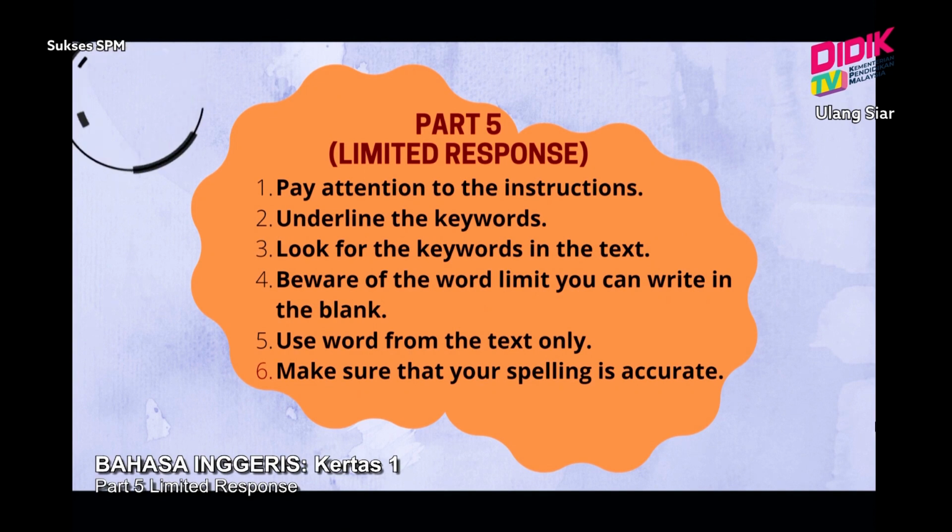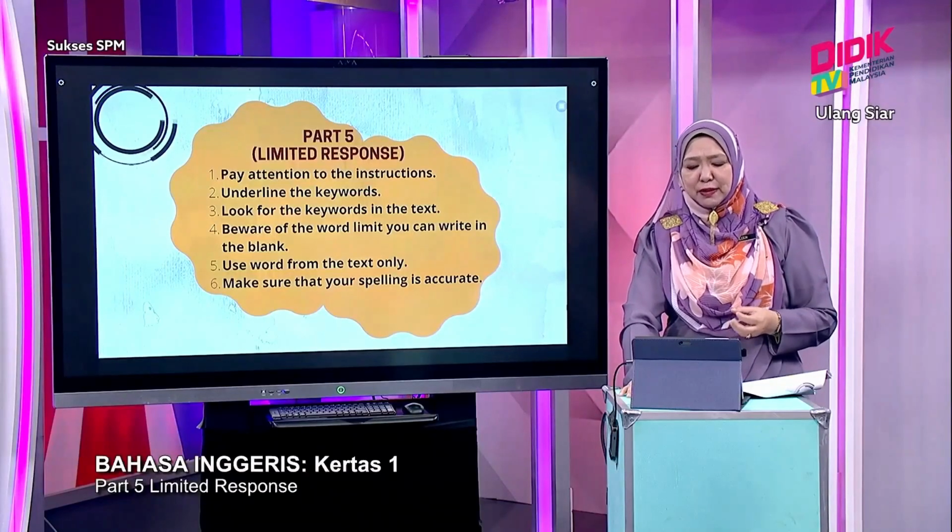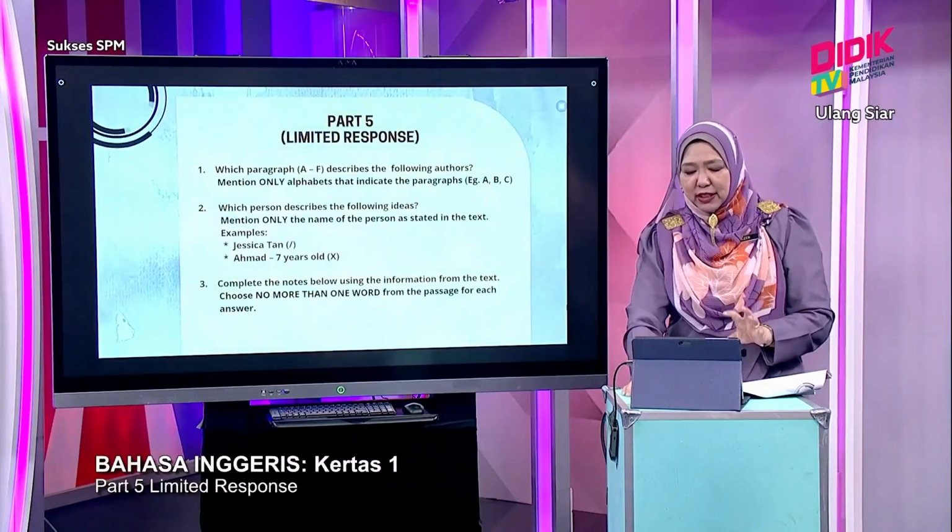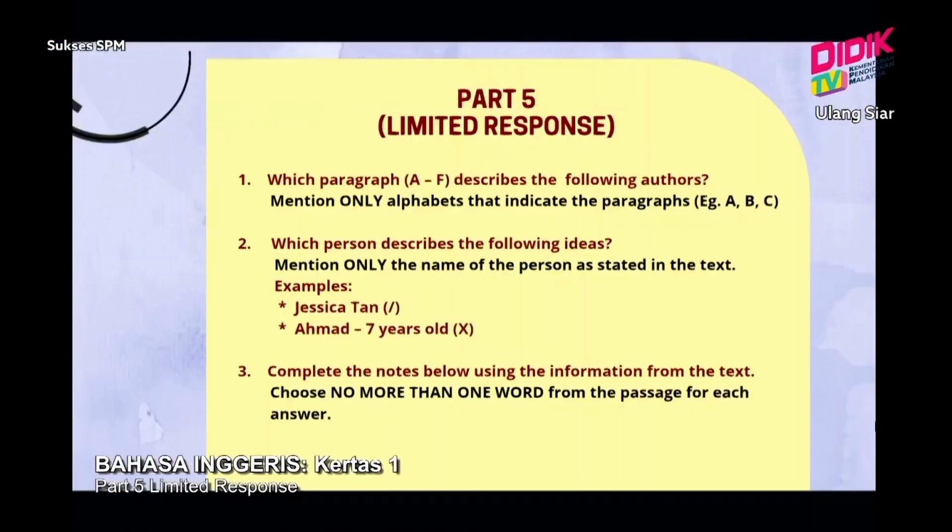Now, let me give you an example, maybe you're not sure about it. For the first task, the instruction is: which paragraph, A to F, describes the following authors. So when you answer, mention only the alphabets that indicate the paragraph.